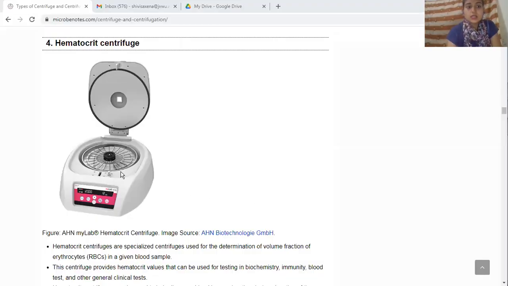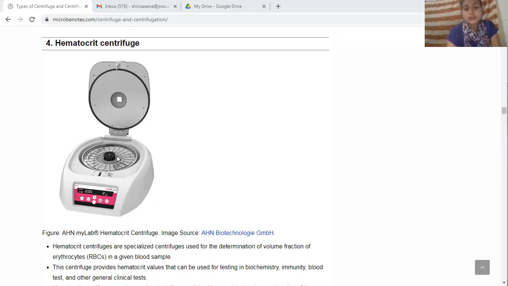Okay, hematocrit centrifuge. So this is an image of a hematocrit centrifuge.